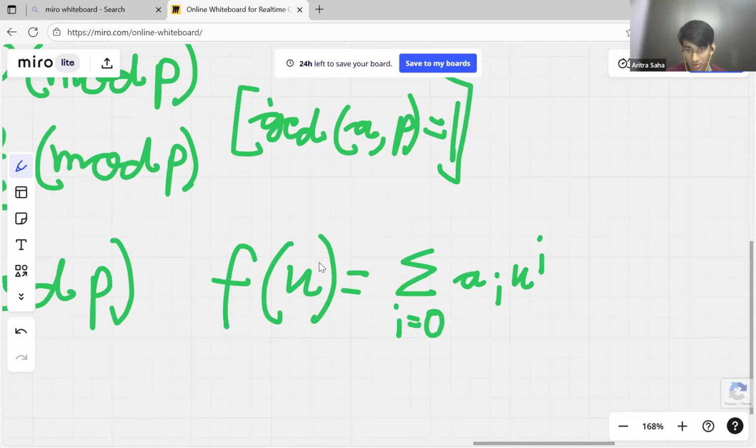I assume the degree to be d. So in our base case we have done till d and we are inducting on d plus 1, so i goes from 0 to d plus 1 because f(x) is now of degree d plus 1.